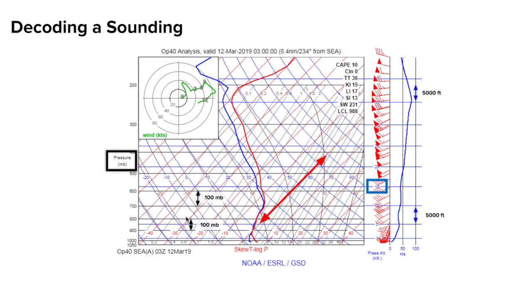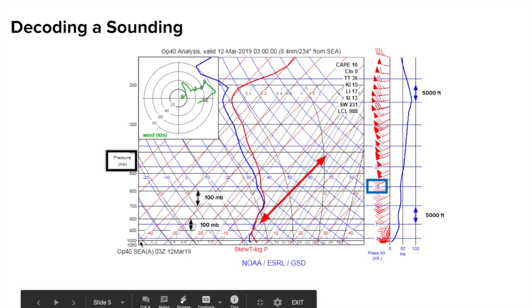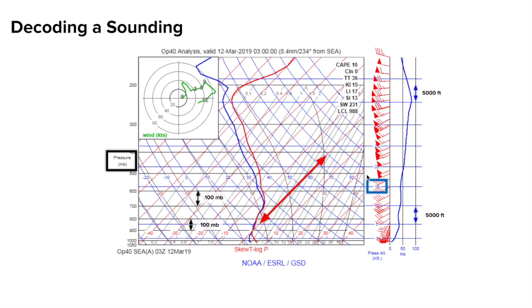As a rule of thumb, if we're at sea level, which is approximately 1,040, and we go up to half that value, which is 500 millibars, that equates to roughly 18,000 feet. So 18,000 feet is approximately half the quote-unquote thickness of the atmosphere when compared to sea level.